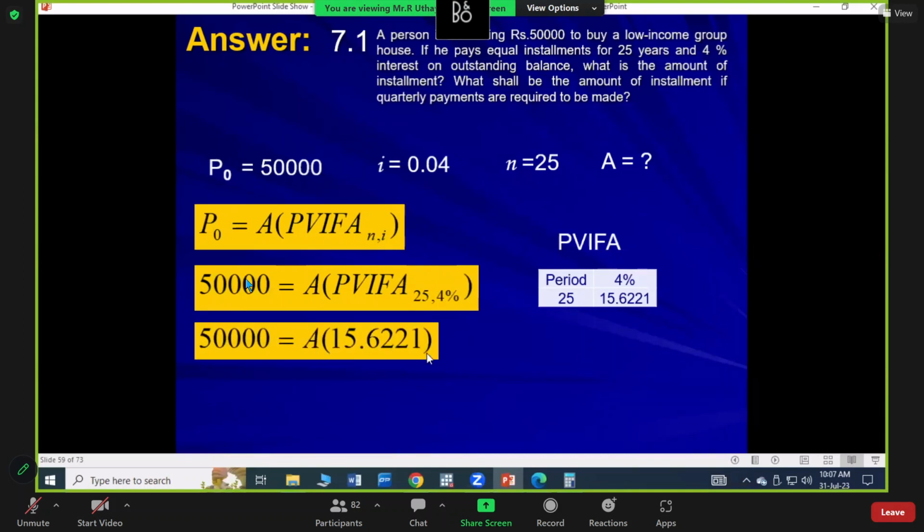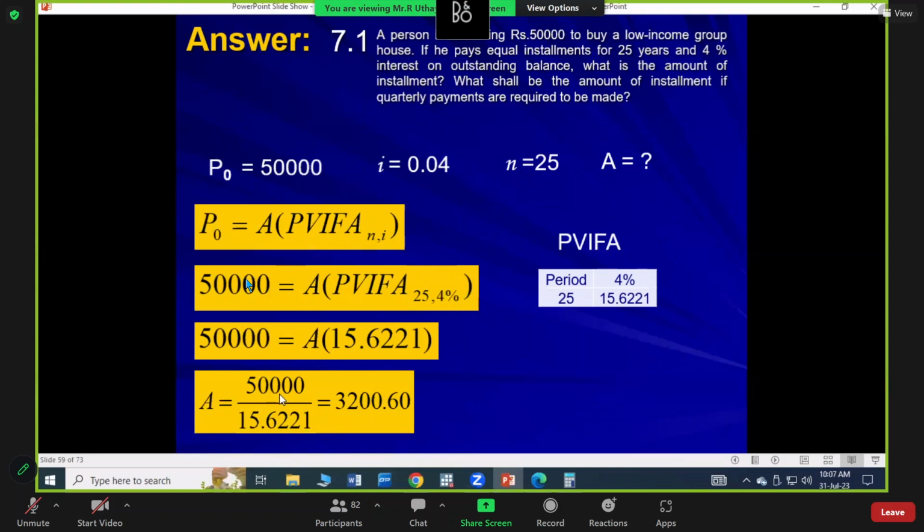Then you can substitute this value. You rearrange it, A is equal to 50,000 divided by this.